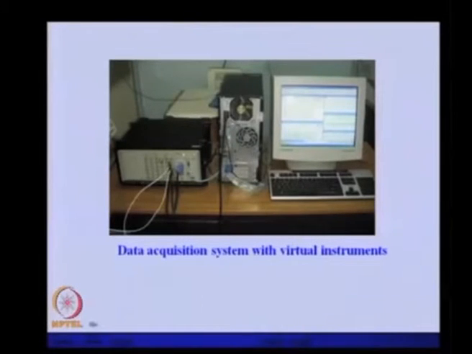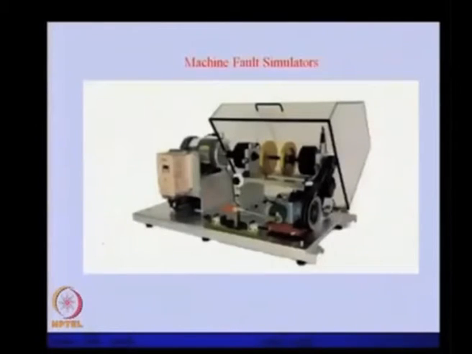Signals we can see using this kind of virtual instrument, and sometimes to pinpoint what kind of fault is giving what kind of signatures and what kind of frequency, this kind of laboratory instrument we can develop or fabricate, in which there are various rotating components, like this rotor with two discs, a belt pulley arrangement, a gearbox, and a reciprocating mechanism.